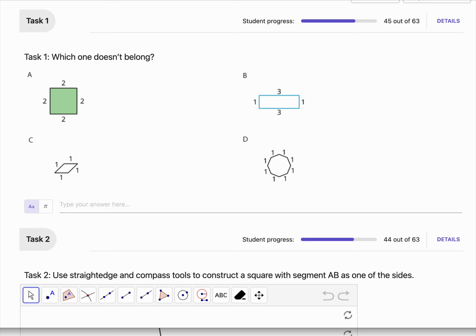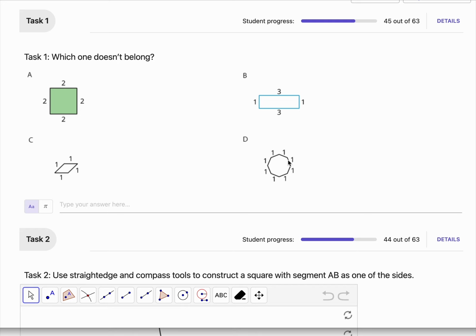Let's see, what else? How many sides does this have? 1, 2, 3, 4, 5, 6, 7, 8. All right, so 8 sides here. You know what? Look at that. 1, 2, 3, 4, 5, 6, 7, 8.